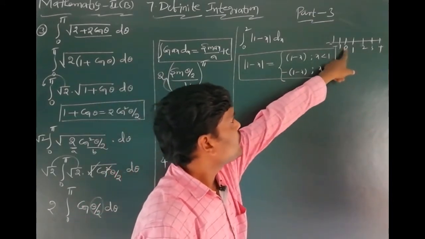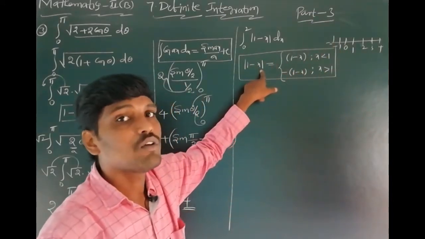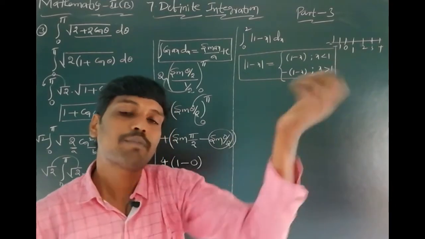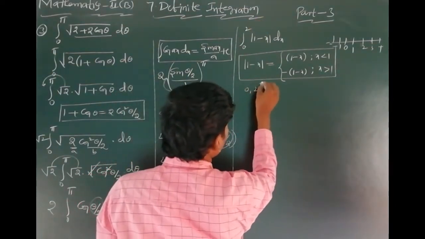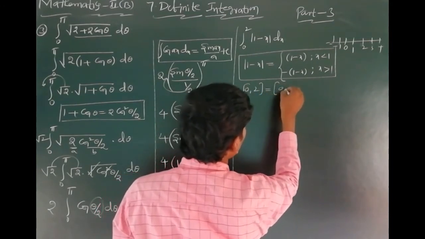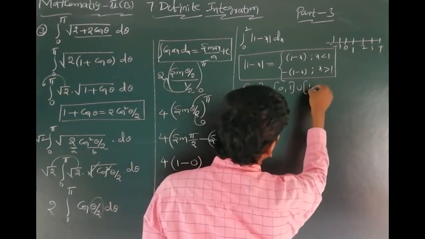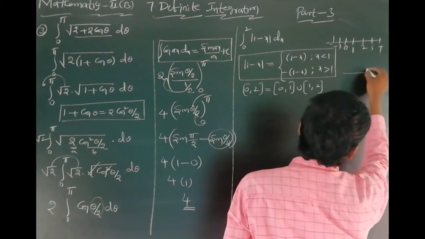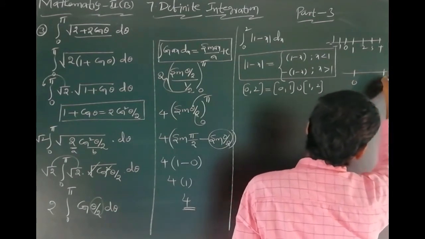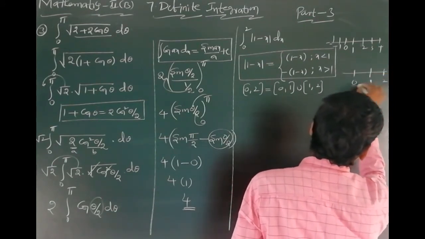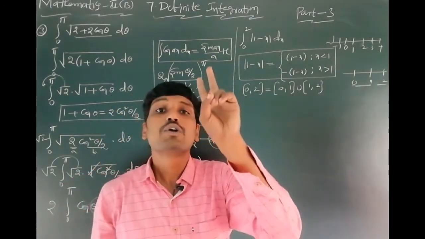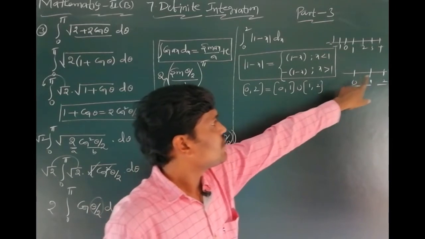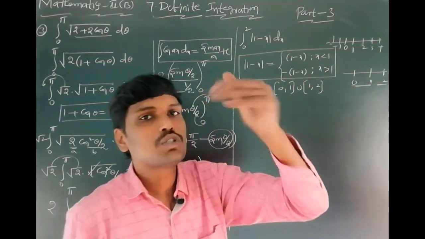Less than 1, nothing but you can write 0, 1 minus 0 is 1, you can write minus 1, 1 minus of minus 1 plus 2, that is positive. That's why this 0 to 2 interval divides into 2 sub-intervals: 0 to 1 is one interval, 1 to 2 is another interval.